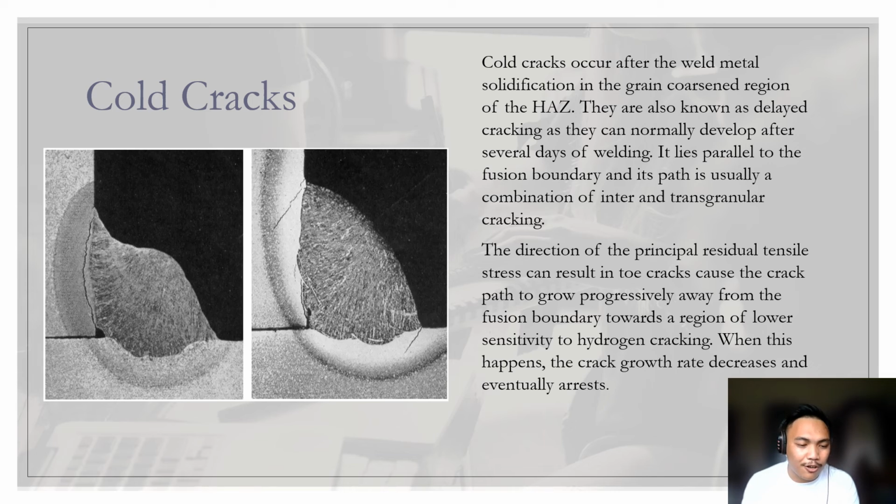The direction of the principal residual tensile stress can result in toe cracks, causing the crack face to grow progressively away from the fusion boundary towards a region of lower sensitivity to hydrogen cracking. When that happens, the crack growth rate decreases and eventually arrests.